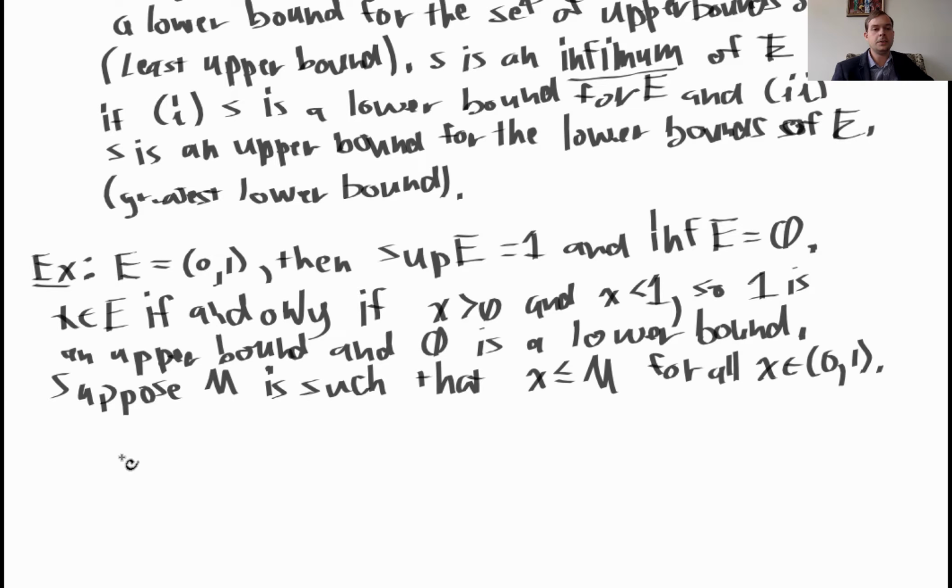Then our goal, to show that it's the least upper bound, is to show that 1 has to be less than or equal to m.